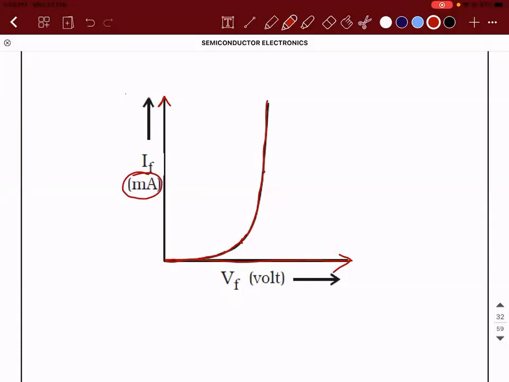That forward current will generally be in terms of milliamperes. Can you tell me the point after which the current will start increasing if it is a silicon and if it is a germanium semiconductor? What would be the voltage after which you can observe this kind of change? This we have already discussed.